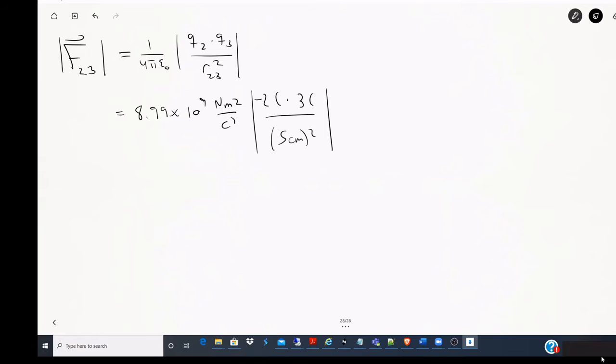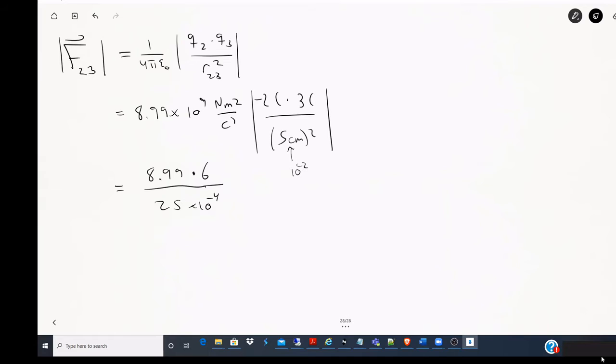The absolute value bars will kill the negative on the -2, so I can drop that in my next line. So now what I have is 8.99 times 6 all over 25 times 10 to the -4. Where did the 10 to the -4 come from? That came from the centi. Remember that centi is 10 to the -2. So when I square that, I have to square the centi as well.